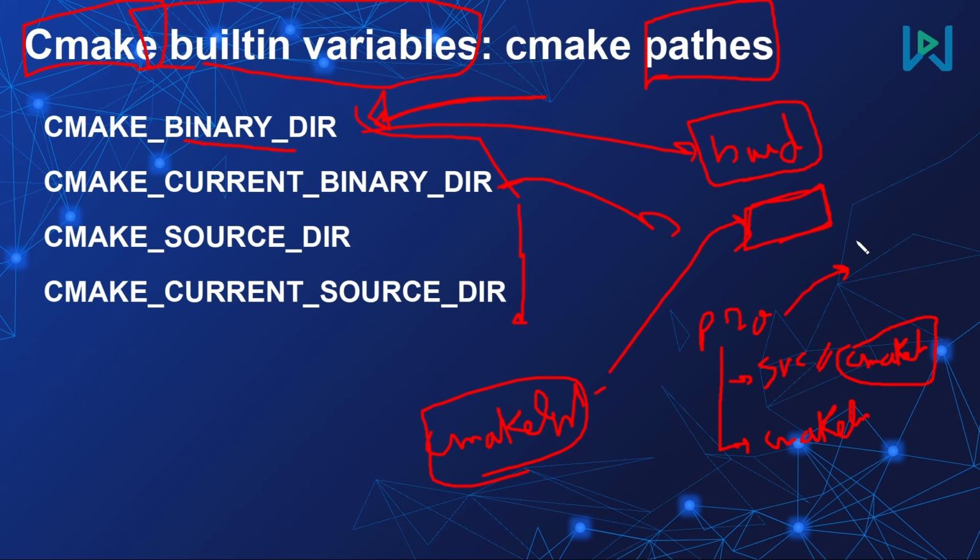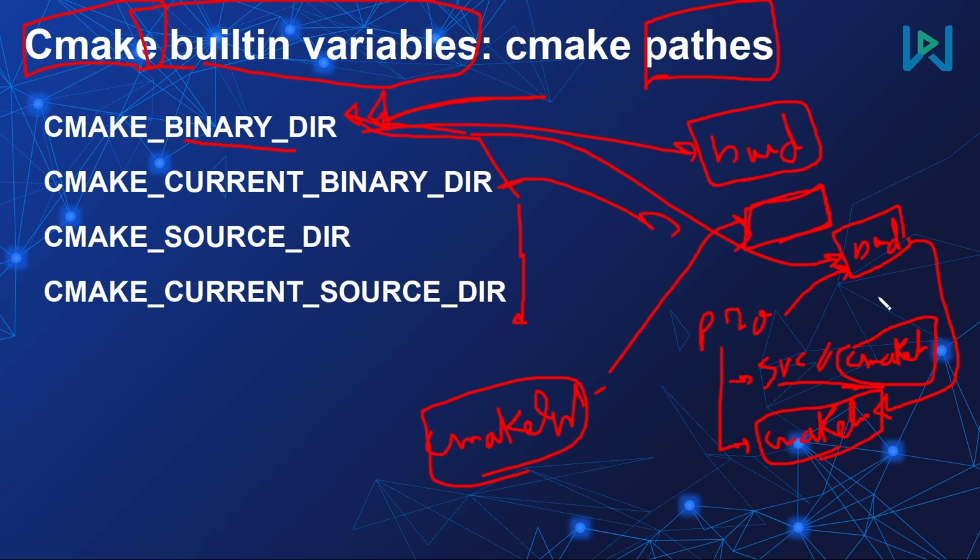Then the result will be like this is your build directory. Now, the path to this top level build directory is indexed by this variable, CMAKE_BINARY_DIR. And this one will contain the workspace of our top level CMake list.